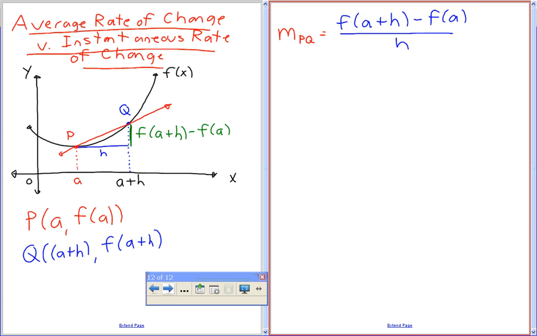That equation, which we just got in here, is called the difference quotient. The difference quotient is given right here.